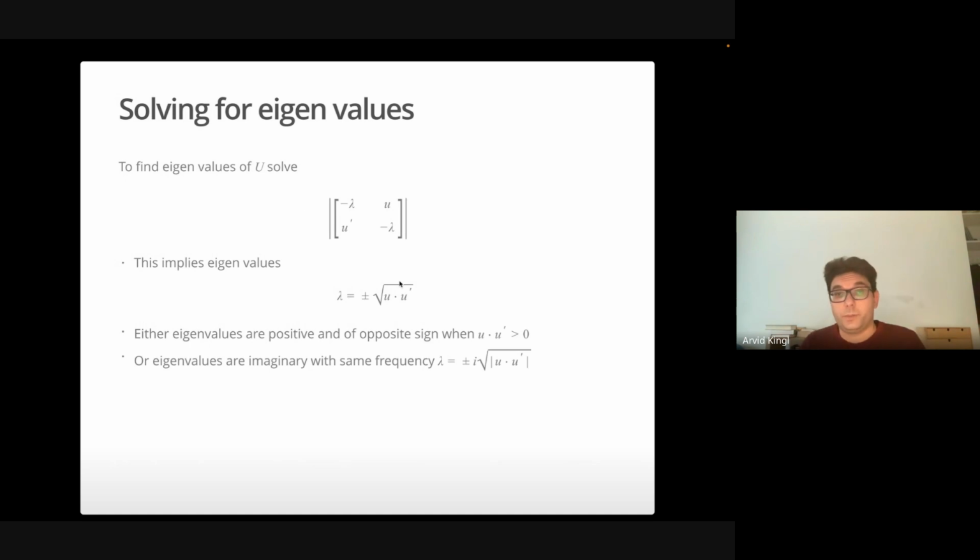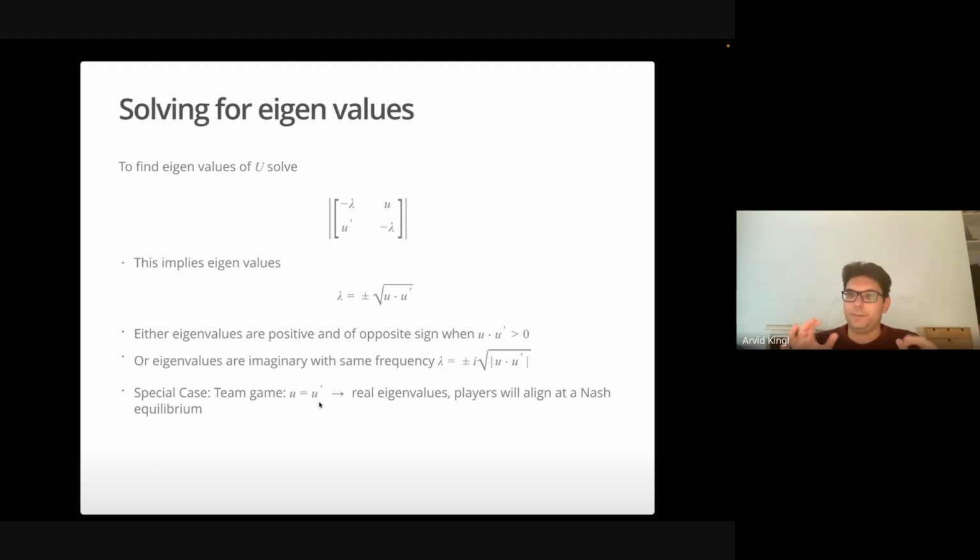The really interesting bit is what happens when the product of u and u prime is negative: then we get purely imaginary solutions. We're going to see in a moment what that looks like. Of course, cooperative games where u equals u prime, because they are by definition the same game, are always going to have real eigenvalues where you converge to stable fixed points.